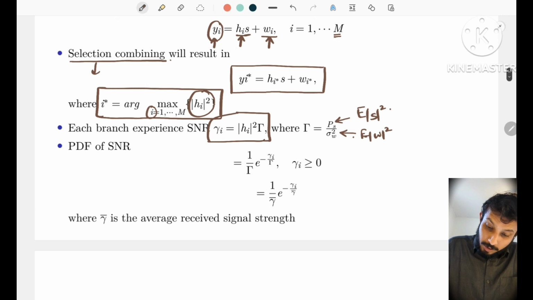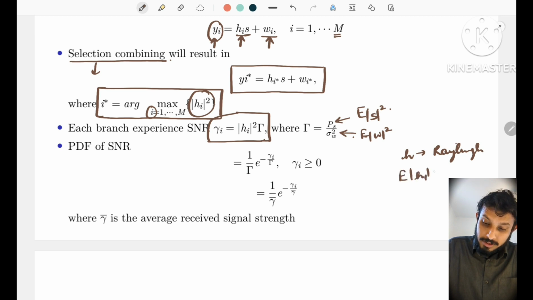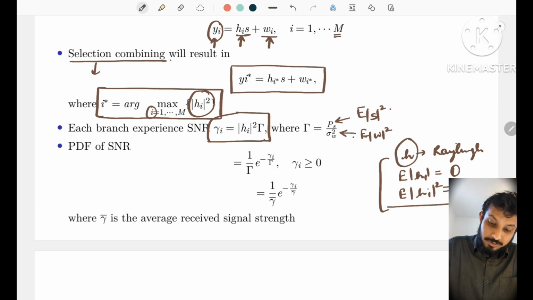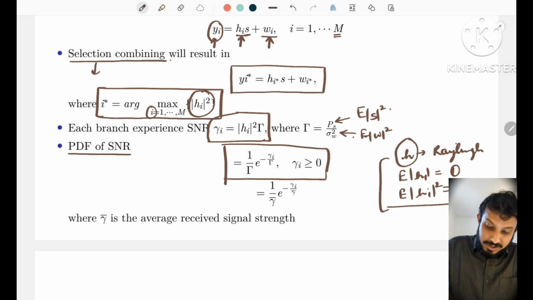And then also h_i is Rayleigh. So the mean of h_i will be equal to 0 and the variance of h_i is 1. So when h_i is Rayleigh, |h_i|^2 will be exponential. So the PDF of SNR is given in this fashion, which is exponentially distributed.